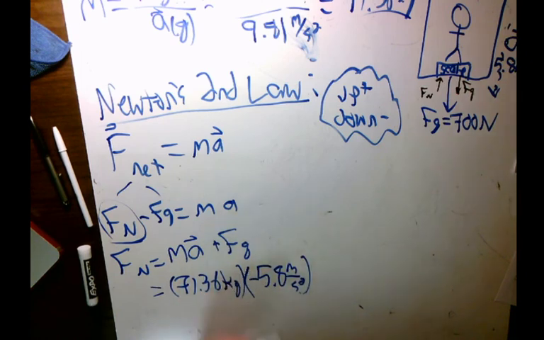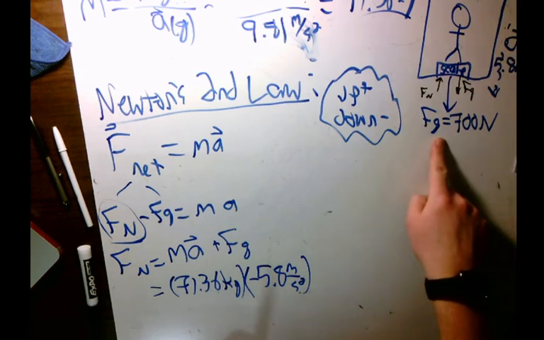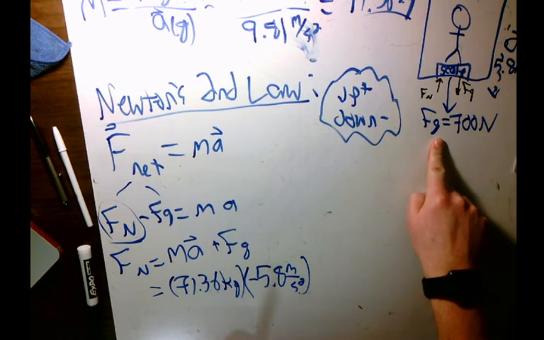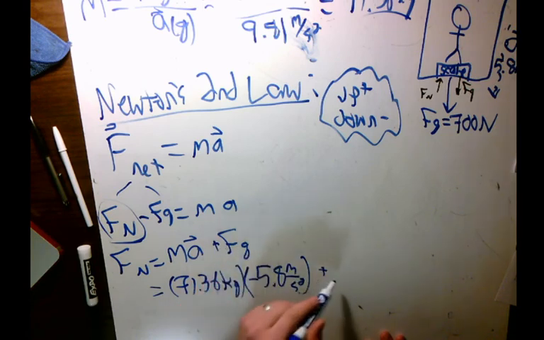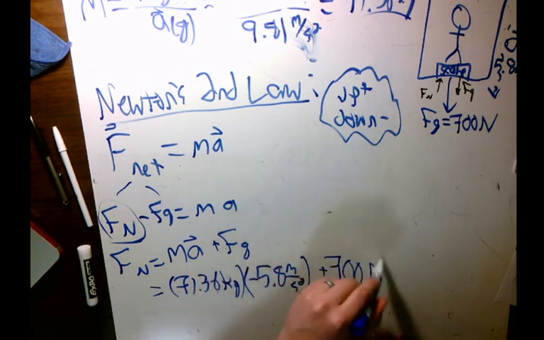So this sign is really important, and it's important to do logical checks like that as well. If we're accelerating down in an elevator, we should have an apparent weight that is less than what we would weigh at constant velocity. So it needs to be subtraction here. And our force of gravity was 700 newtons.